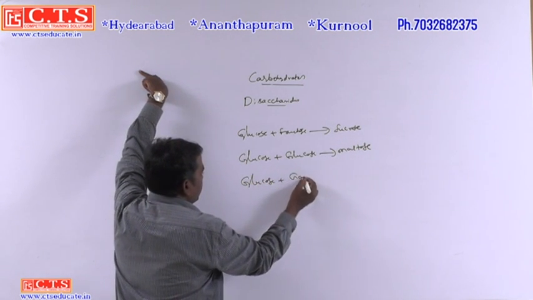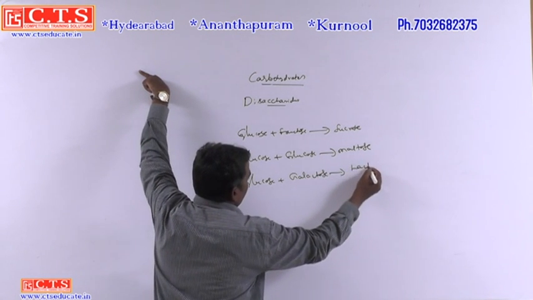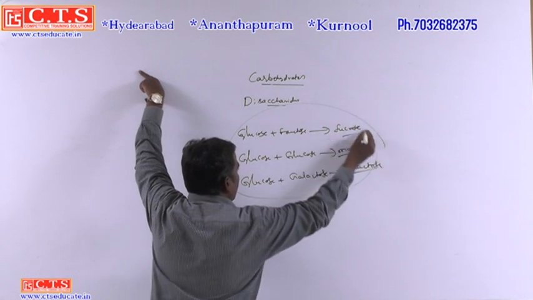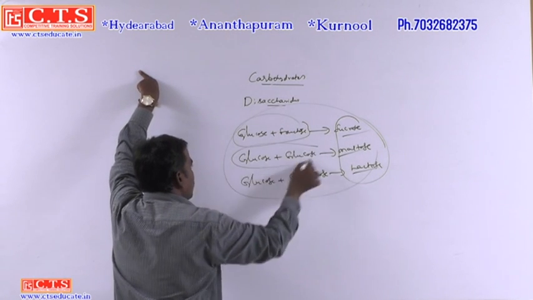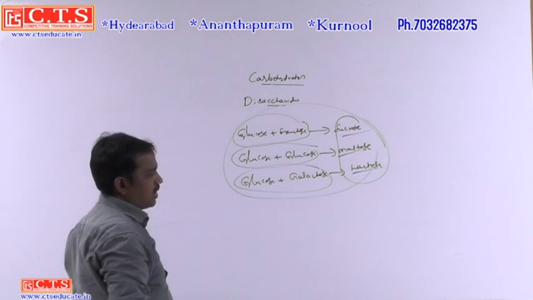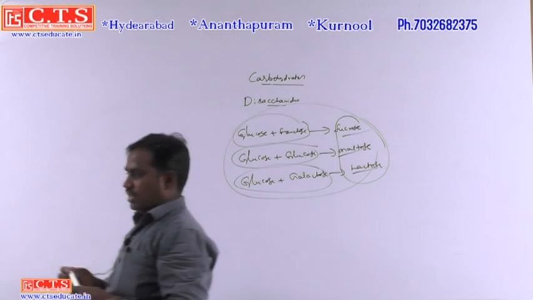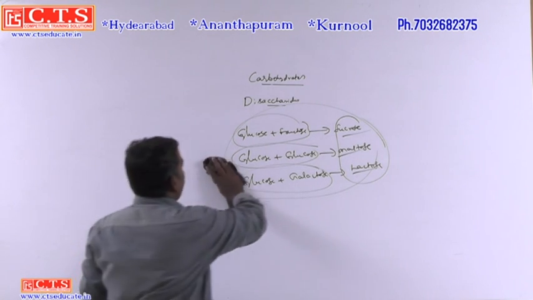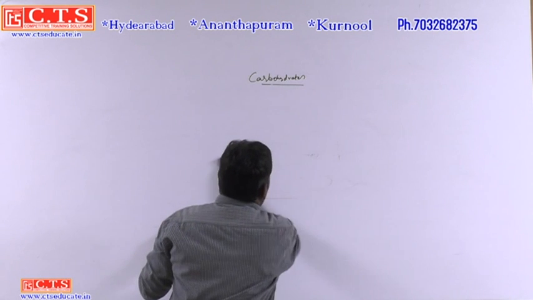Glucose plus galactose gives rise to lactose. Sucrose, maltose, lactose, these 3 sugars are disaccharides. Remaining sugars are monosaccharides. This is the information about disaccharides. Next, go to polysaccharides.